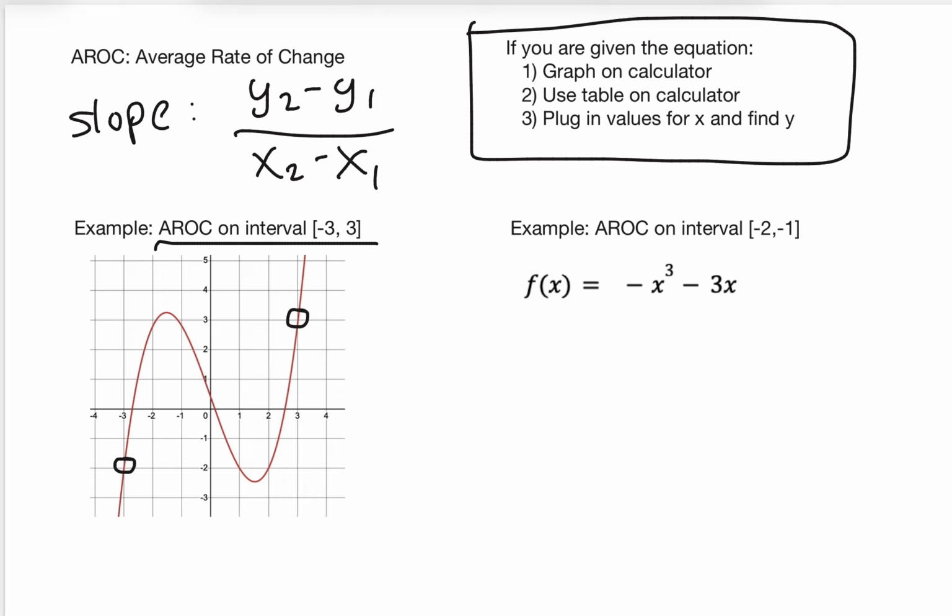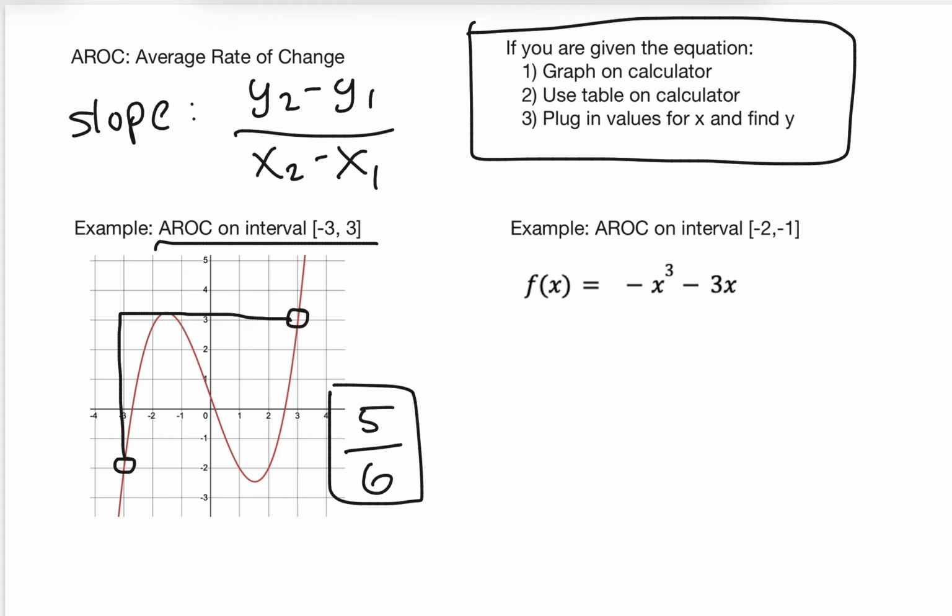So basically all I'm doing is I'm counting the slope, the rise over the run between those 2 points. So if I go from here, and then over, so I'm going up 1, 2, 3, 4, 5. And I'm going over 1, 2, 3, 4, 5, 6. So my average rate of change on the interval -3 to 3 would be 5/6. Simple as that.